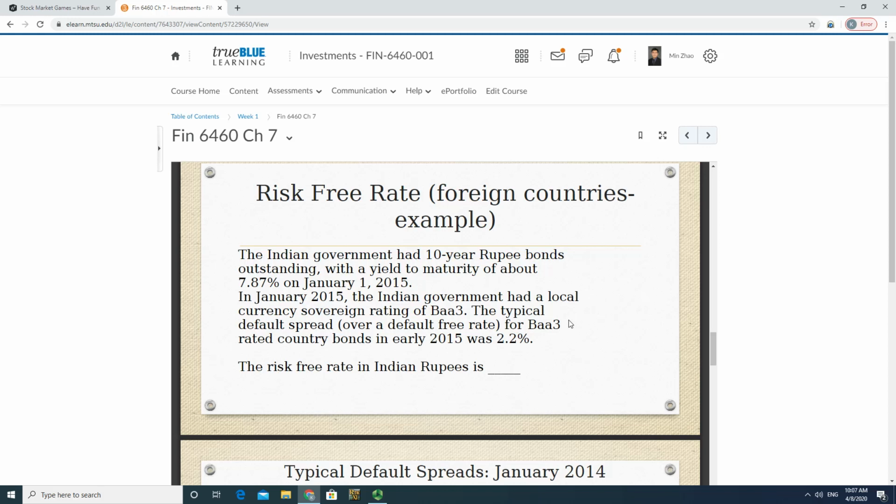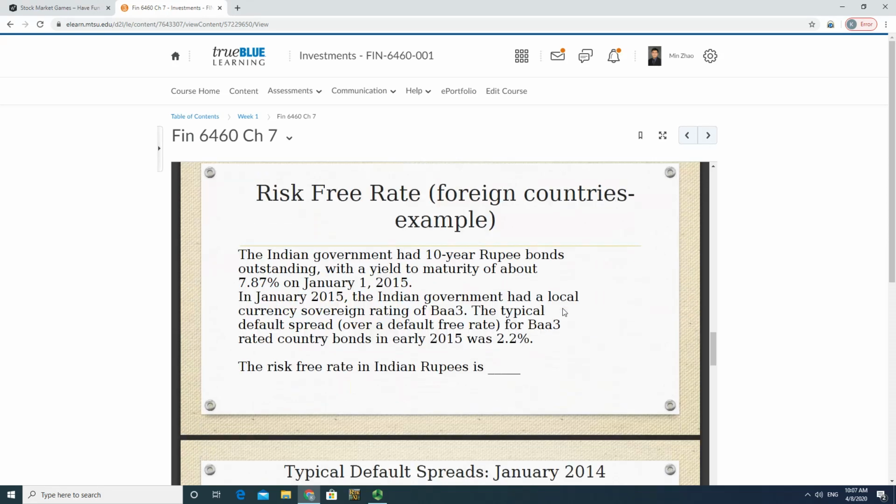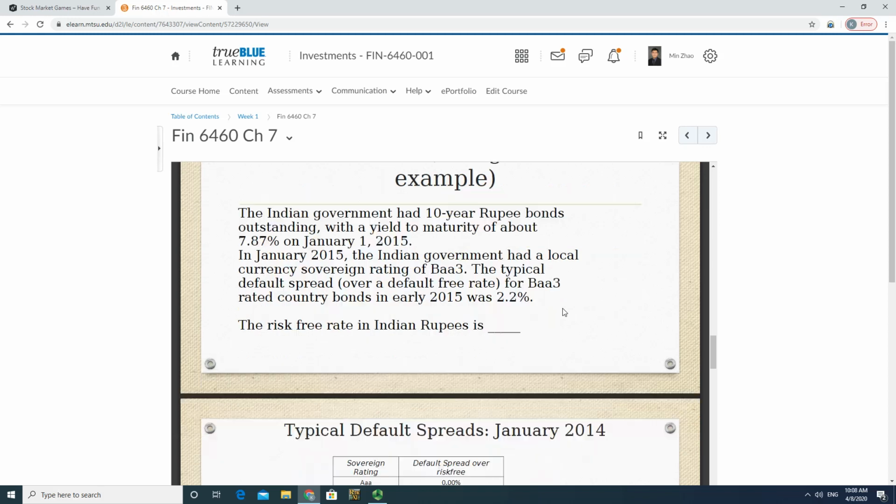The risk-free rate in India equals the Indian government bond rate, 7.87%, minus the default spread of 2.2%. Therefore, the risk-free rate in India as of January 1st, 2015 would be 5.67%. Once again, this number is not 100% precise, but it's a pretty good estimation of the risk-free rate in India.